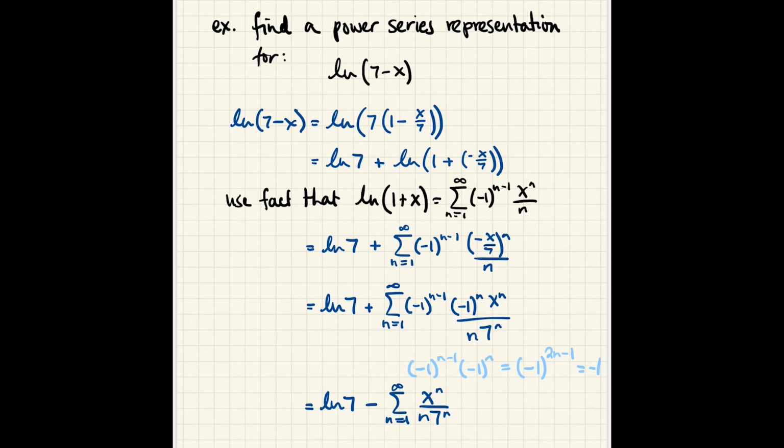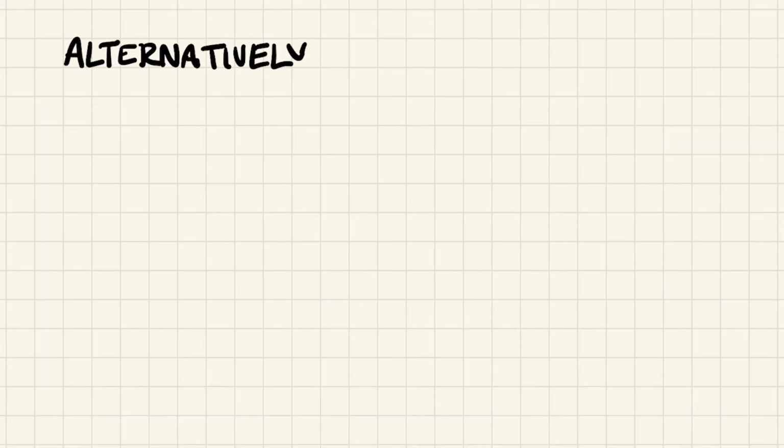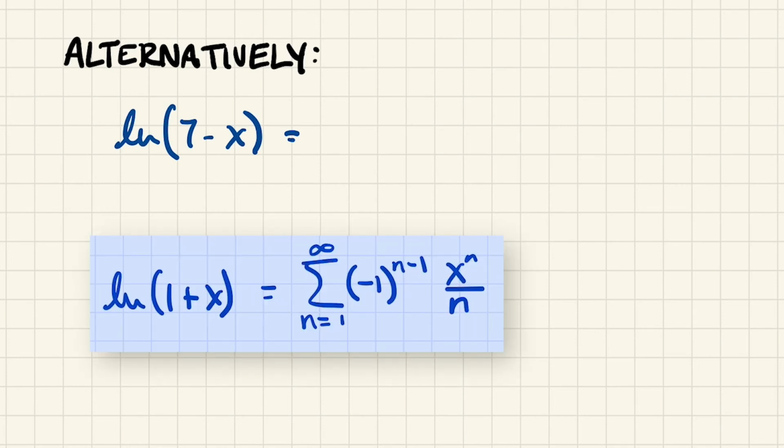Now, I want to point out that it's not the only final answer. In fact, a function can have many power series representations, and some of them can look quite different from other ones. Let's look at another way we might approach this. Again, we want to bridge this over using the fact that we know how to convert ln of 1 plus stuff.